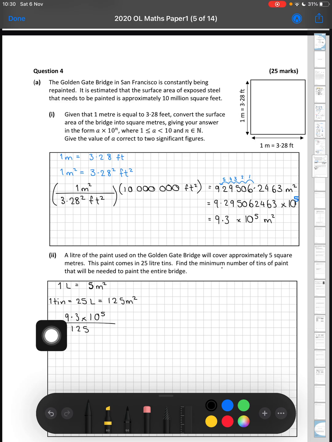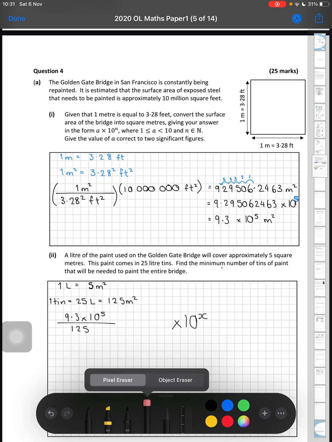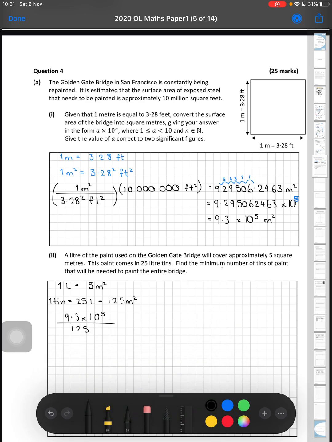Okay, divided by 125. So to type this into my calculator, remember, we literally type it in as 9.3 by 10 to the power of 5. I'm going to call out the buttons as I type them in. So the numerator here is 9.3. And then instead of saying multiplied, I'm pressing the button that's just to the left of the answer button, the one that looks like times 10 to the power of x.